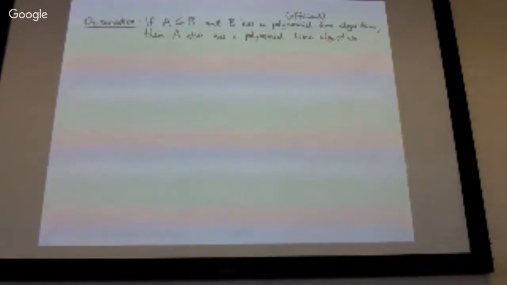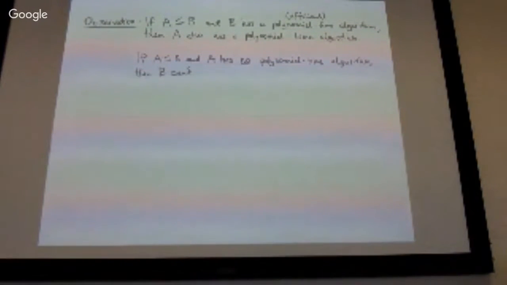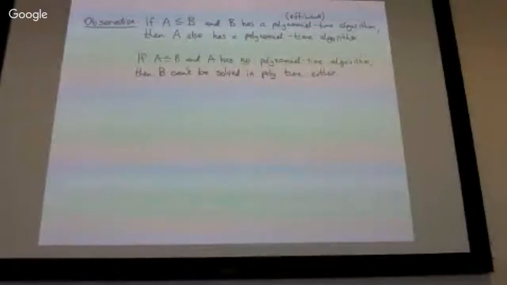Now, if you look at the converse of this statement: if A can be reduced to B and A has no polynomial time algorithm, then B has none either.